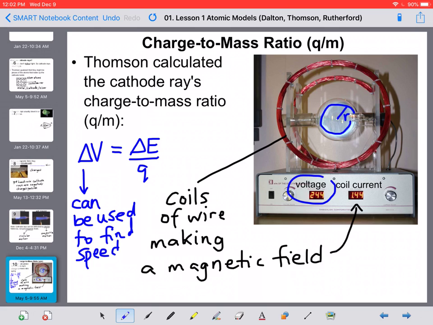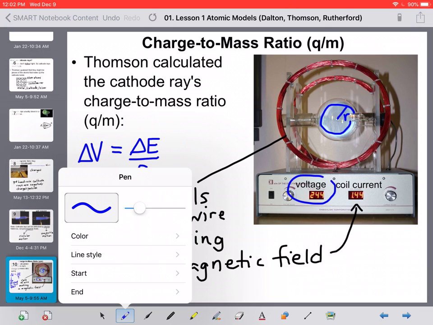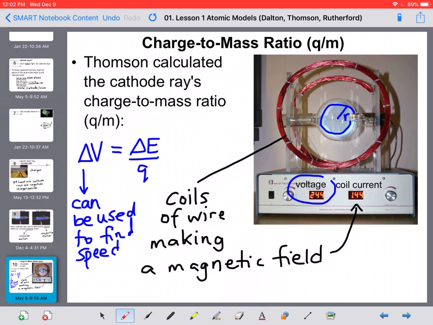But basically, from this apparatus, Thomson knew 3 things. Okay, so if we list the things that are known: the value of R, which is the radius of the circle, is known. The value of B, which is the magnetic field inside the apparatus, that's known.